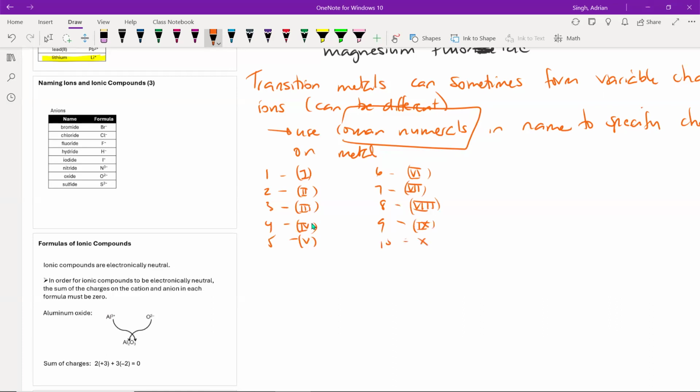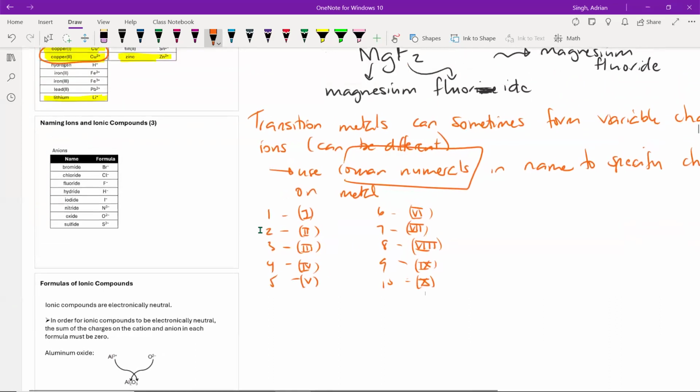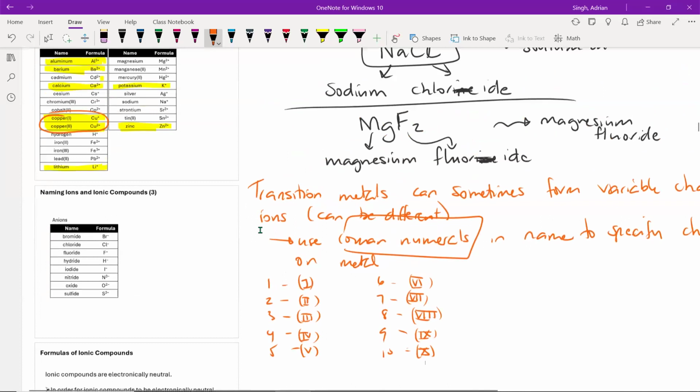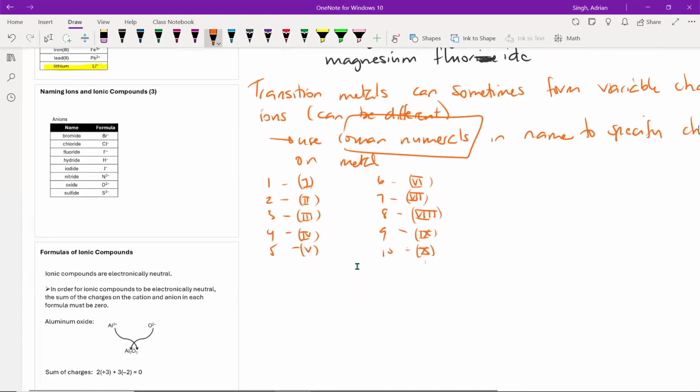And then 10 is X. Okay, and if you're a fan of, for example, the Super Bowl, where they show the Super Bowl number in Roman numerals, you're probably a little bit more familiar with this than other places, but these are the ones that we're going to see in our class.